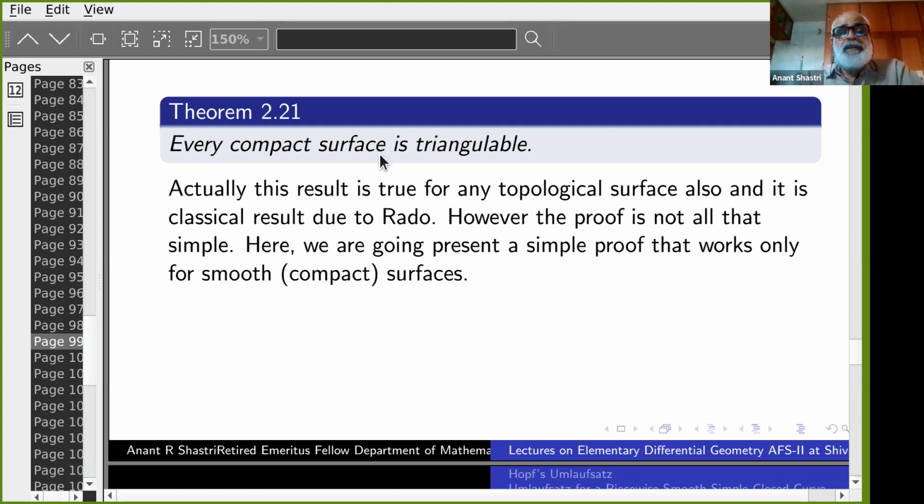However, we are going to prove this theorem only for a smooth surface. For a general surface, it is a famous classical theorem due to Rado. The proof is not at all simple. Here we are going to present a simple proof that works only for smooth compact surfaces.